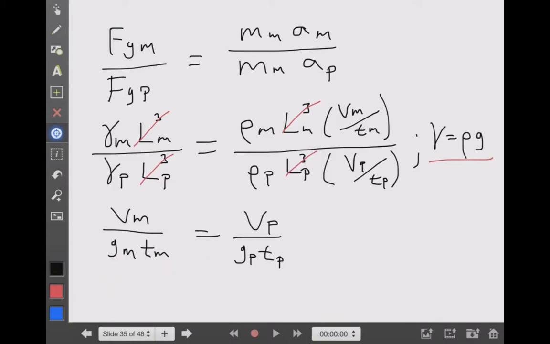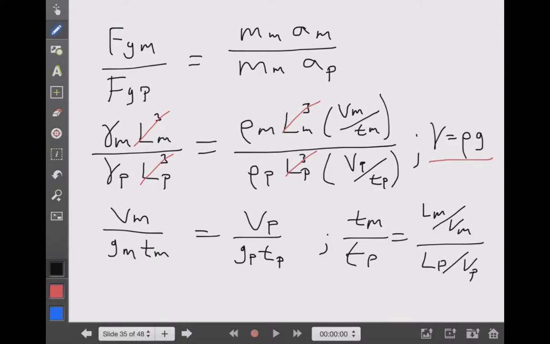We also note from before that Tm can be written like this, Lm over V, and the ratio of Tm to Tp is going to be Lp over Vp.